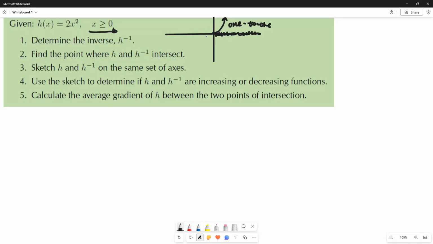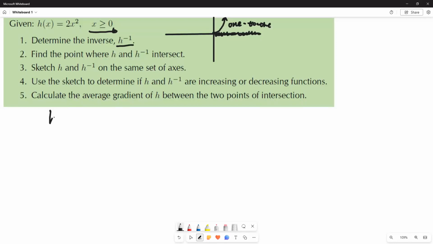So since the parabola in this case is a one-to-one function, we know that its inverse is also going to be a one-to-one function. As long as it's one-to-one, you know that it's going to be a function. So we know that its inverse is a function as well, and we can represent it in function notation, which is this here.